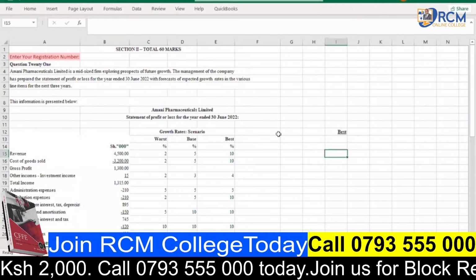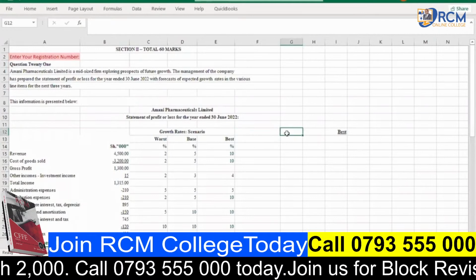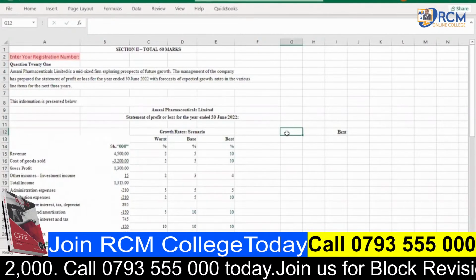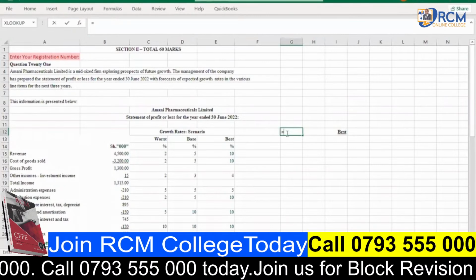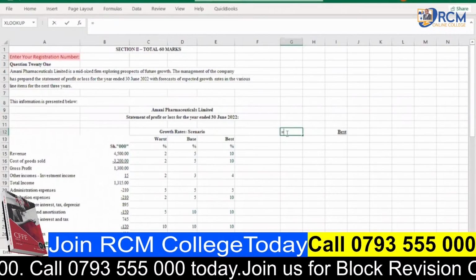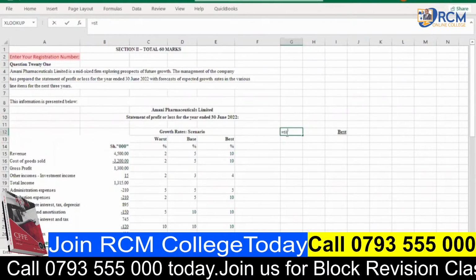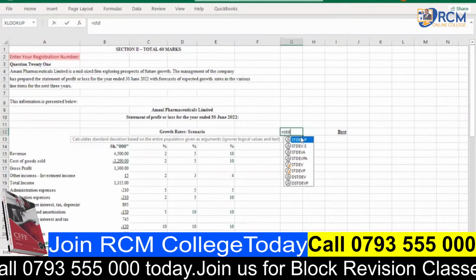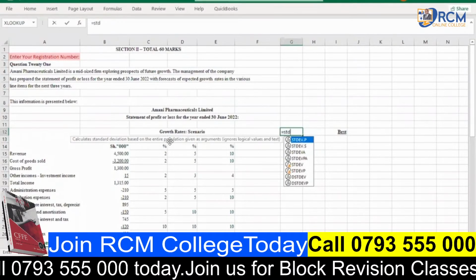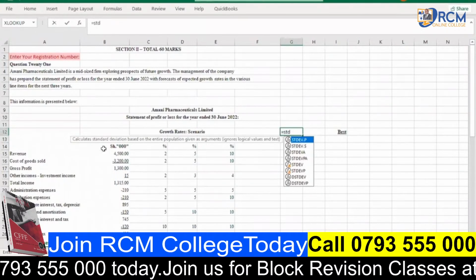Just come to this section here, because that's a formula or that's a function in Excel. Say equal to, then standard deviation P. So the moment standard deviation P appears, the application or what that formula will help you to solve is given here.